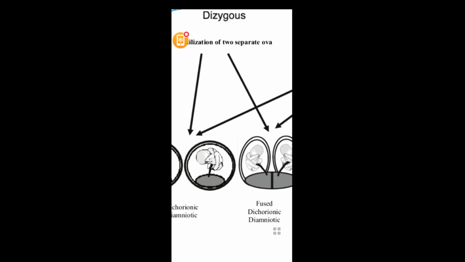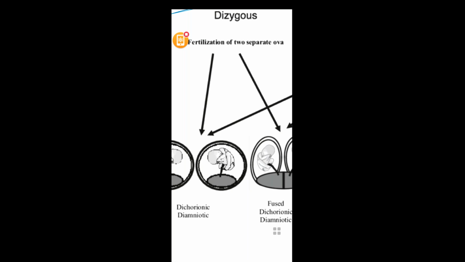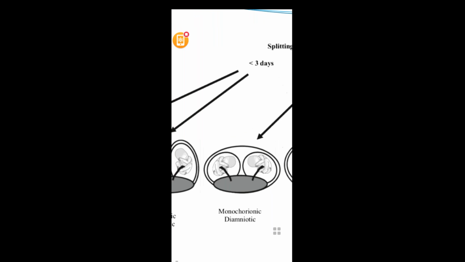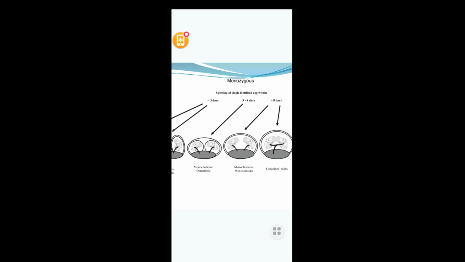Then they will have 2 different placentas, 2 different amniotic sacs. That is dichorionic, diamniotic. Whereas monozygosity is splitting of a single fertilized ovum into 2.